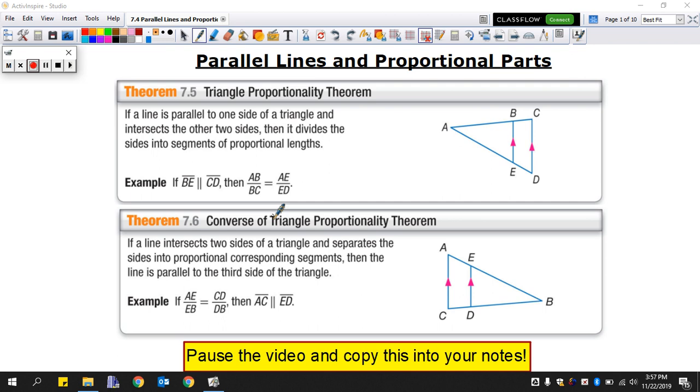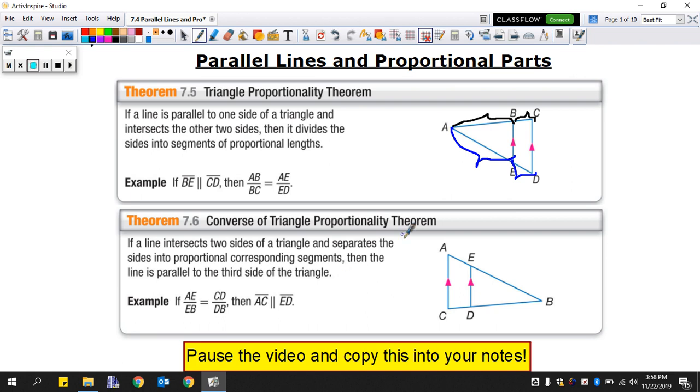In other words, because this line BE is parallel to CD, the ratio of AB to BC is proportional to AE to ED, and we can use that to figure out the different side lengths.